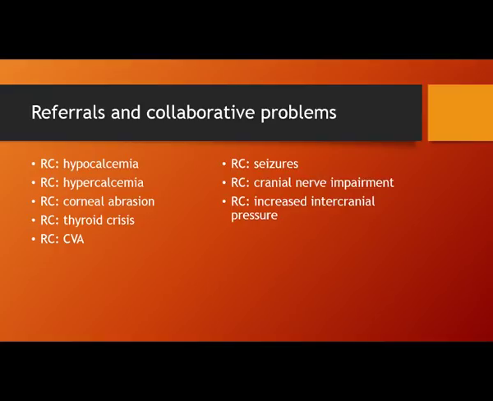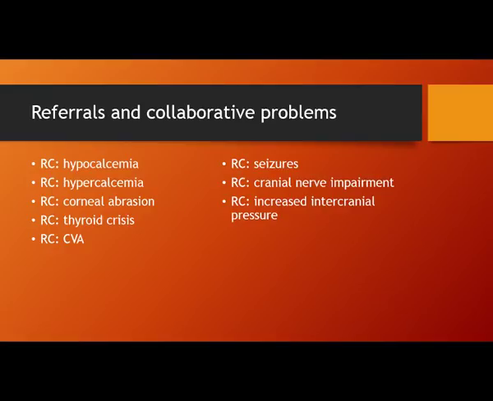Risk of complications for seizures. Again, if you think somebody is having a seizure, you would not sit around wondering what nursing interventions you can do for that. You would want to immediately get medical help for that problem. Risk of complications for cranial nerve impairment.